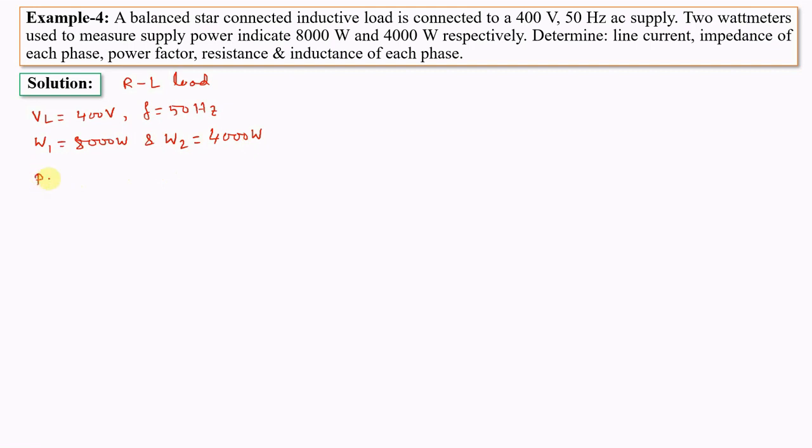We know that the sum of two wattmeter readings gives the total power. So it can be written as 8000 plus 4000. So we can write root 3 VL IL cos phi is equal to 12,000 watt, because the active power of a three-phase circuit is root 3 VL IL cos phi.